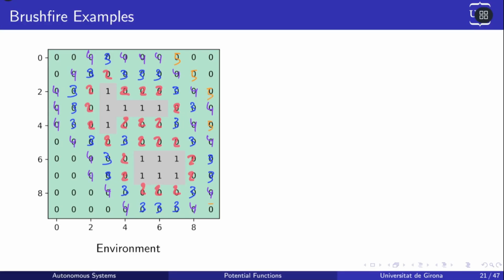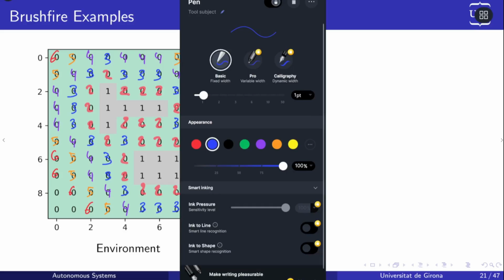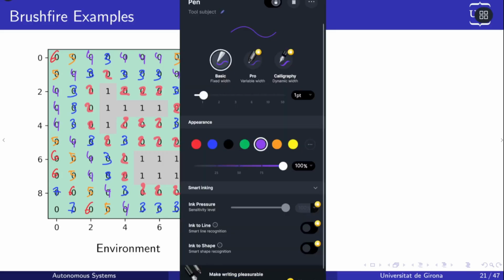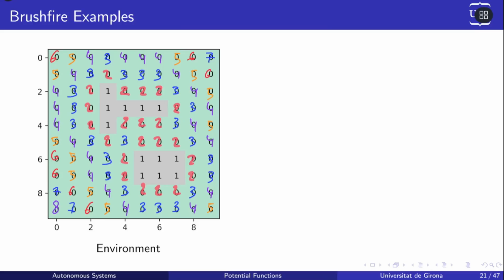Of course, this is not the way to do it. The way to do it is just to program that and have a computer do it for you. Let's start again with the same colors because I'm running out of colors. 6, 6, 6, 6, 6, 6. Nothing else. I'm almost finishing. 7, 7, 7, and 8. If I haven't made any mistake, I think this should be the solution.